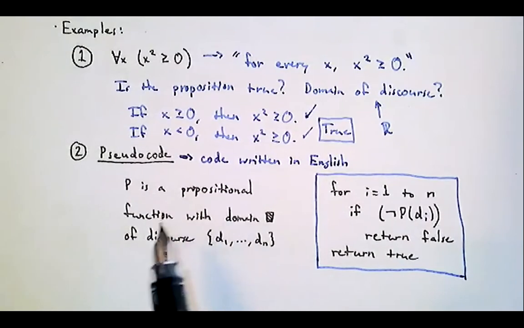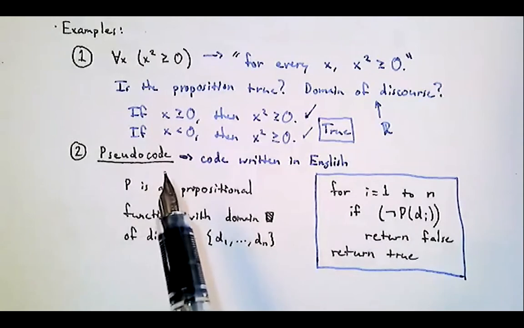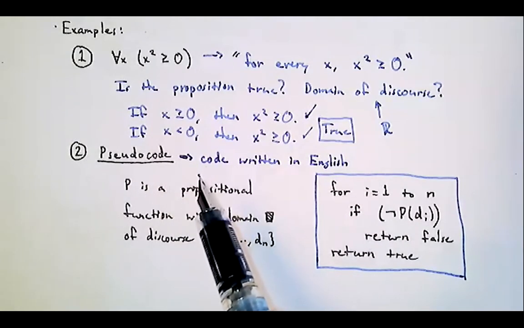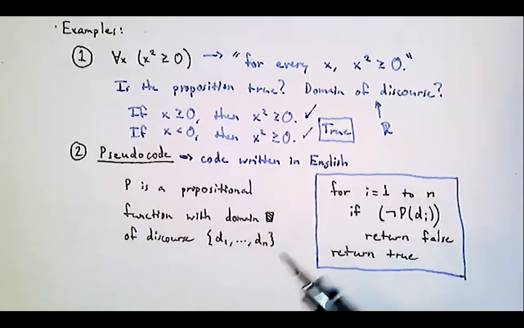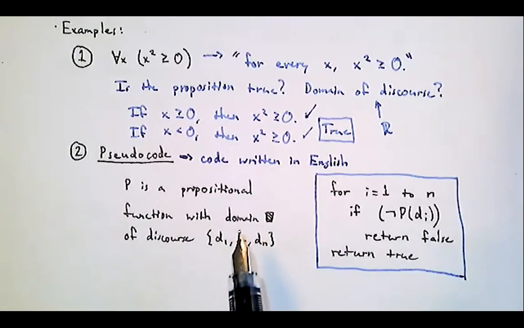And since I'm using a computer, I can't use an infinite set, like the set of all numbers. A computer can't handle infinite numbers of things. So my domain is going to be this smaller set with n things in it that I've labeled D1, D2, D3, up through Dn.